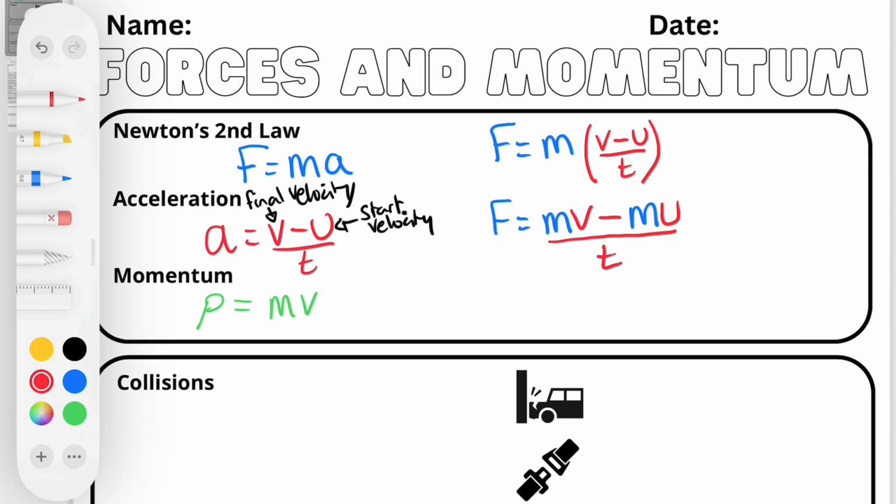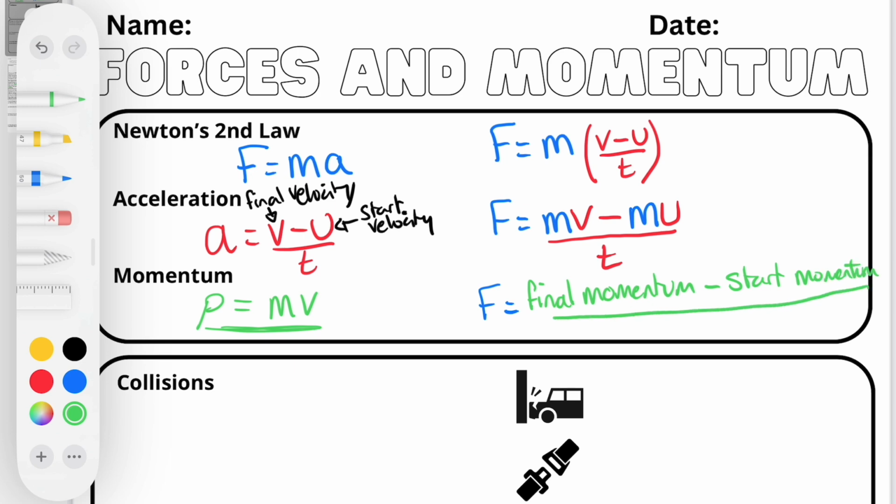We already know that v means final velocity and u means start velocity, and I can link that with our momentum equation, which is mass times velocity. I end up with the equation F equals final momentum minus start momentum, all over time.